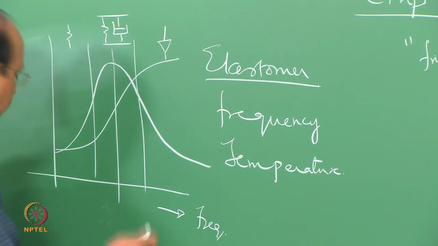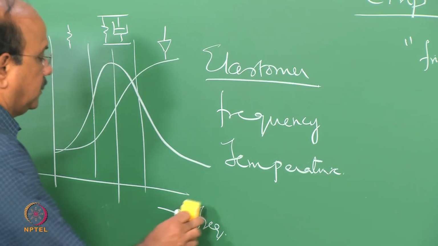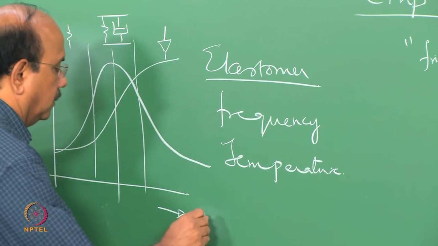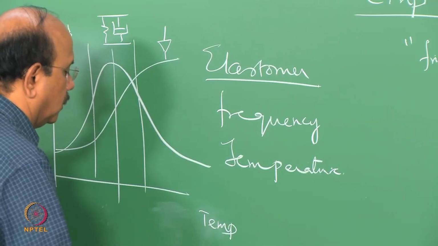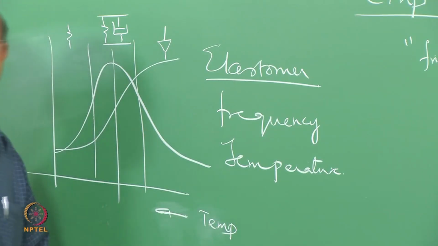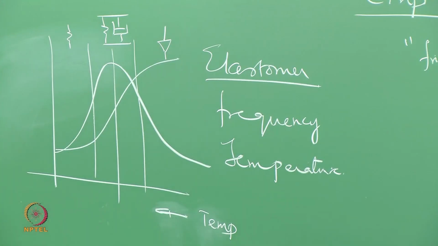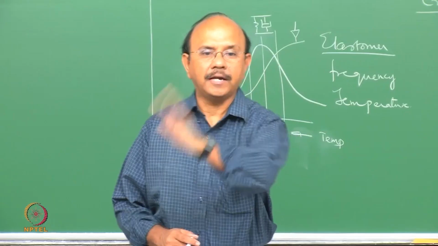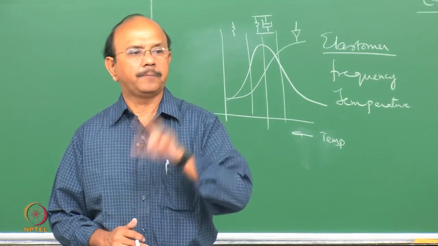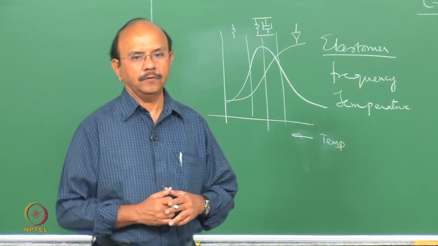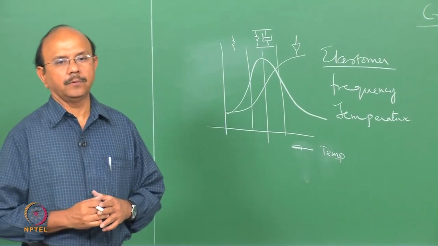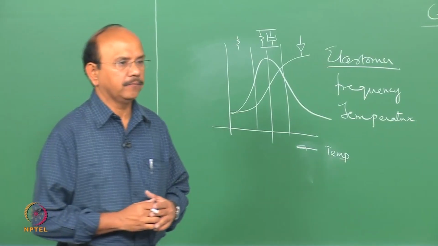If I now put the temperature here, we said that this whole graph goes in the opposite direction, and that what happens at higher frequencies happens at lower temperature, and so on. So this is what we said yesterday.